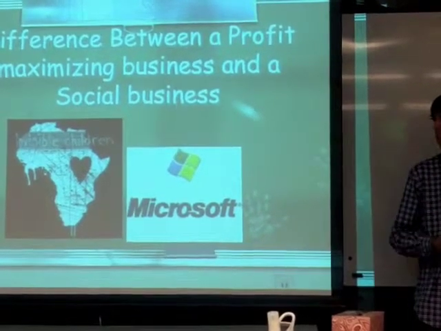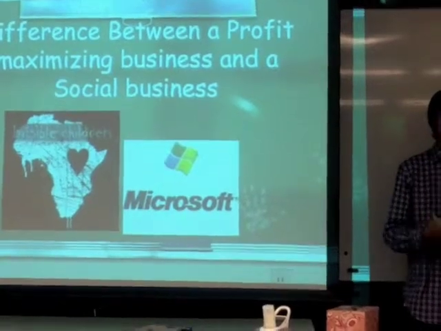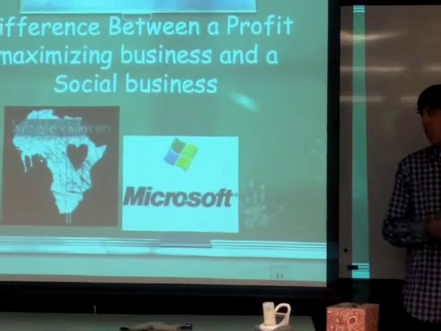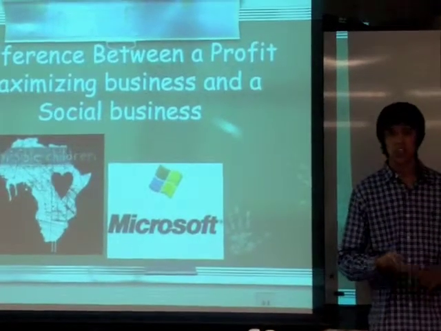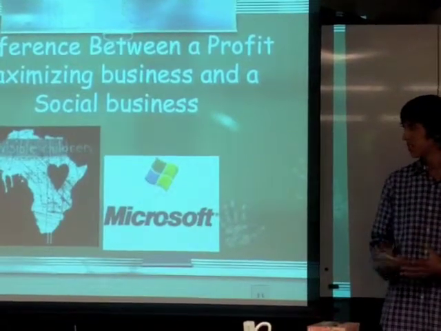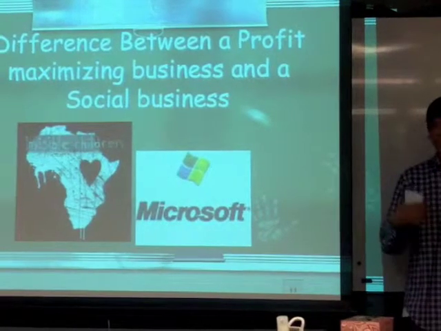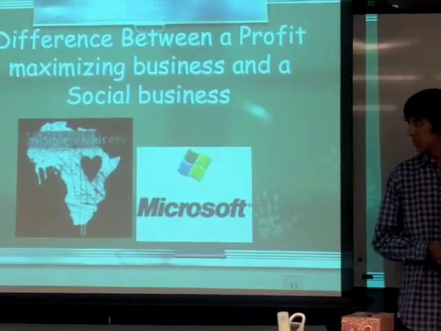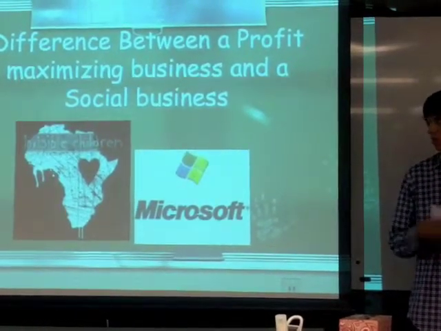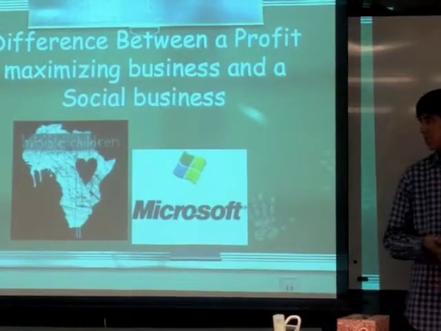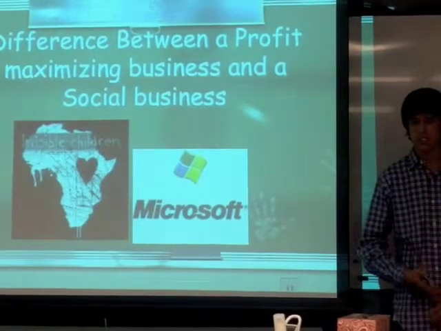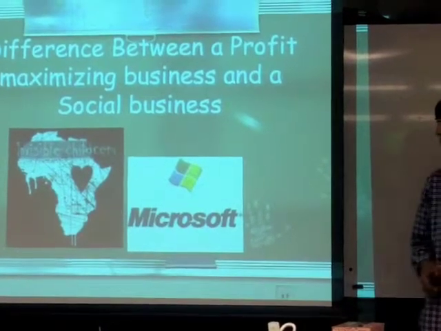What they do is, for example, they sell t-shirts, hats, and bracelets, and what they make from selling that stuff, or that profit, they use it towards their cause, and their cause is to help kids in Africa to stop things like starvation and murder and things like that.